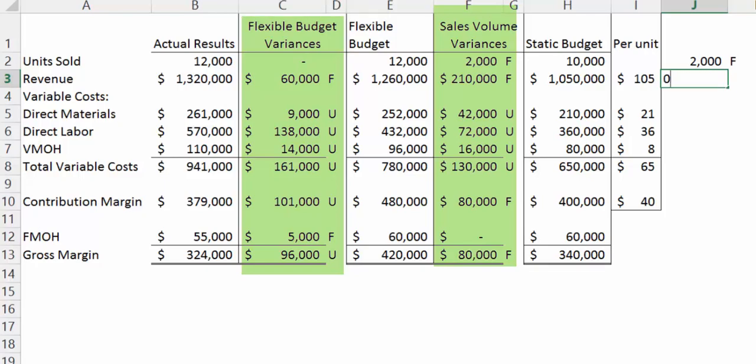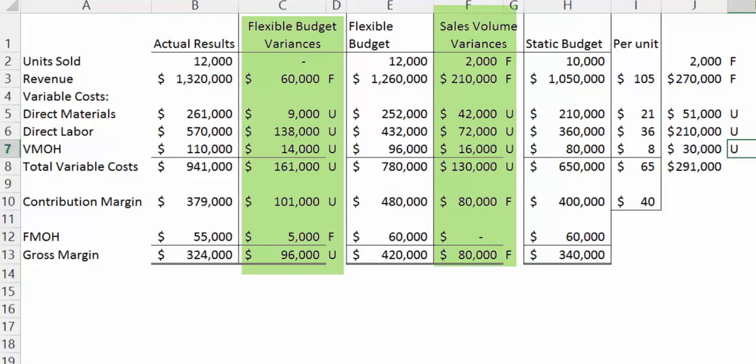That is also going to be favorable. We can do the same thing for direct materials, direct labor, variable manufacturing overhead, and total variable costs. So I am just adding the flex budget variance and the sales volume variance. Of course, those were all unfavorable.